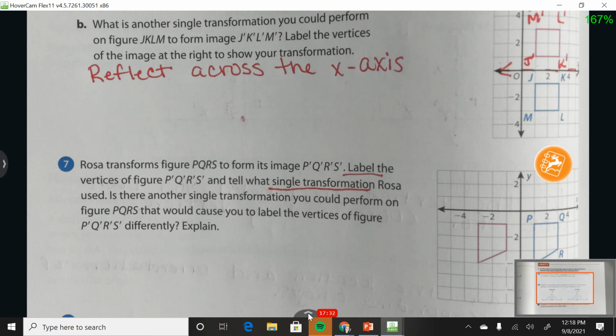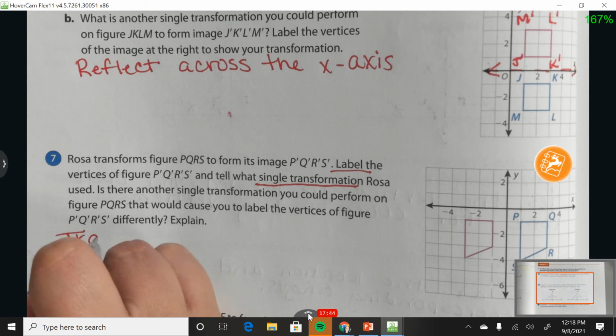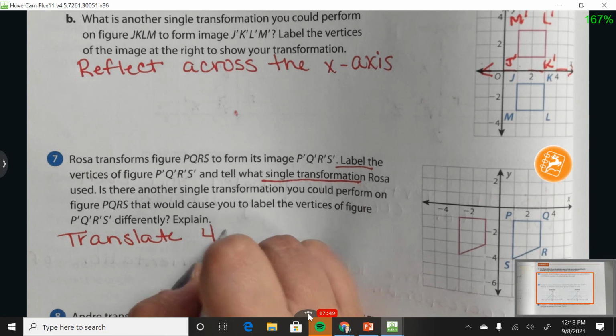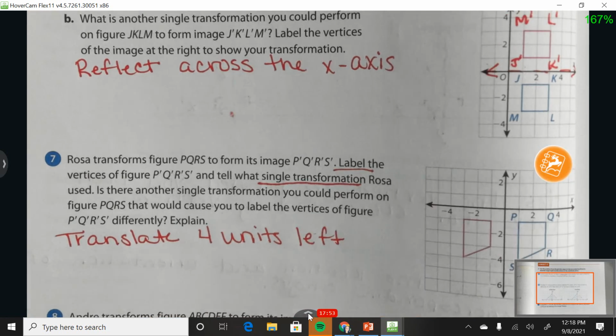Alright, who's going to tell me what it was? Eli. Translate 4 units left. Alright?